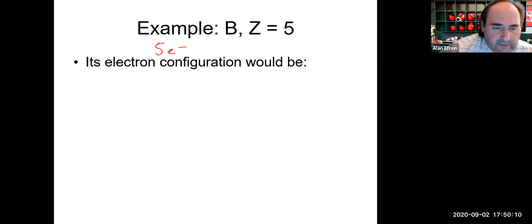And that means we would have 1s2, 2s2, 2p1. And if you're not sure how many electrons you're putting in, you can pretty much count the top numbers: 2, 4, and 5 electrons. And again, what this really means is, I'll draw it a little bit better in terms of energy.